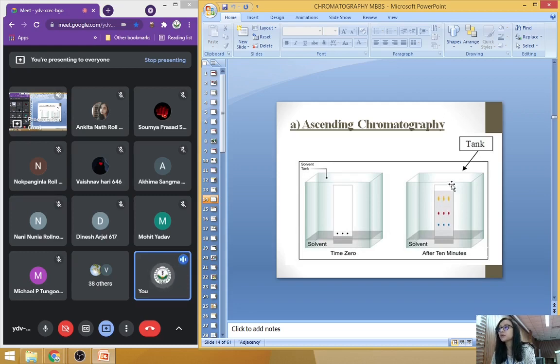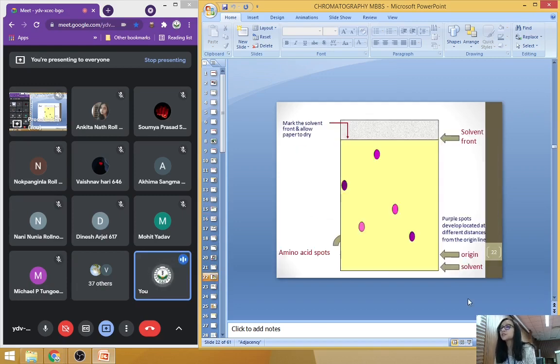Then after that, we take the paper out and we dry it. After drying, we stain it.